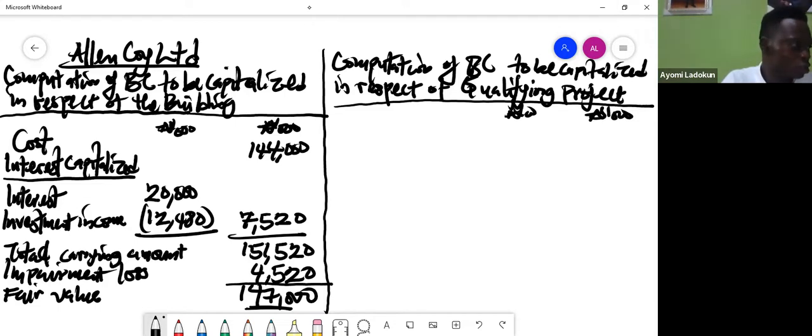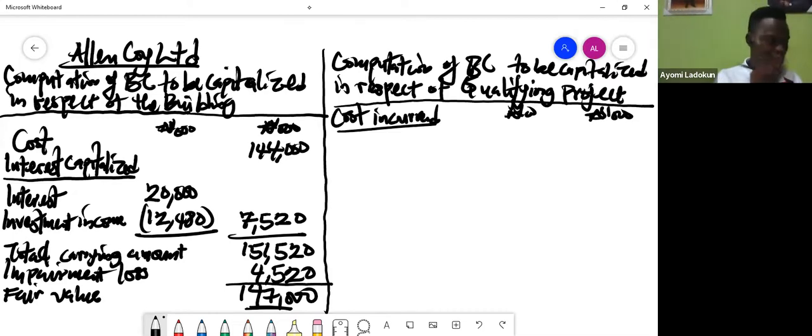So how much is the cost incurred? Let's find out so that we can compute how much we are going to incur. Remember, they told us that the 7-year loan is specifically borrowed. So that means the 10-year loan and bank overdraft are general borrowing.